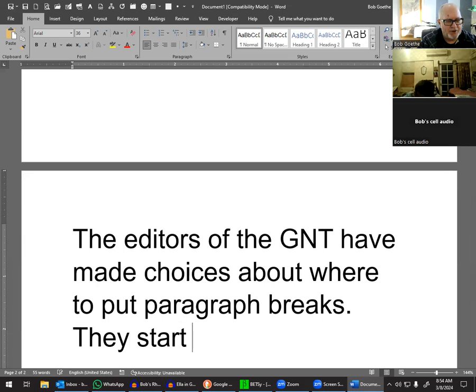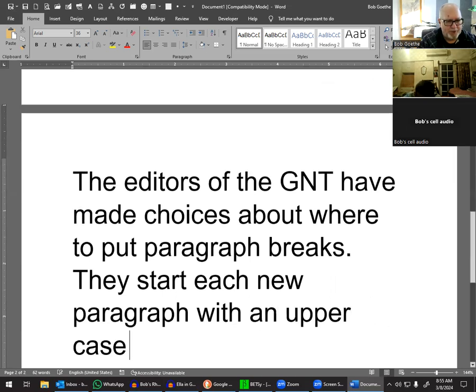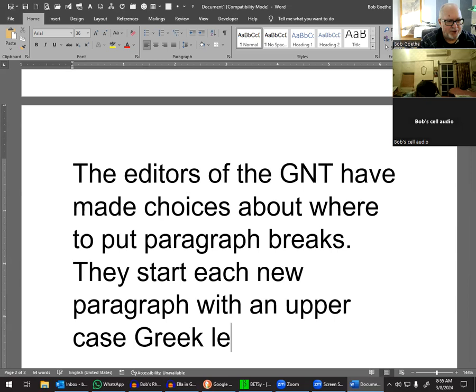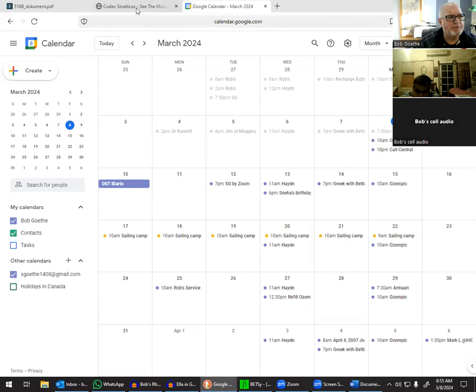They start each new paragraph with an uppercase Greek letter. So let's just copy some of that.